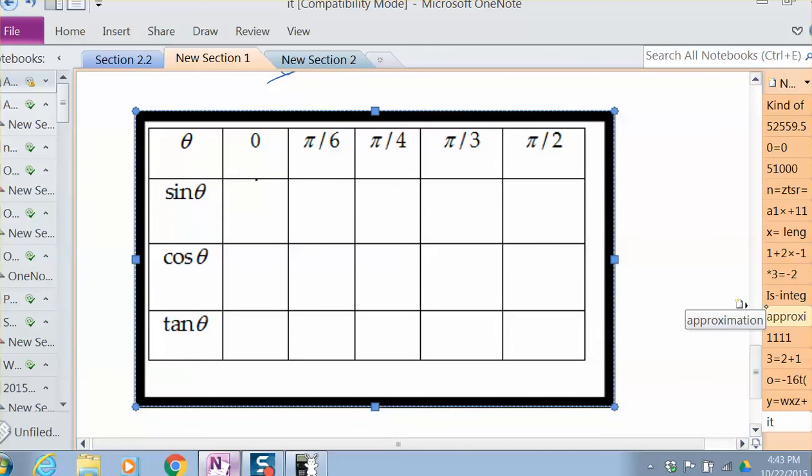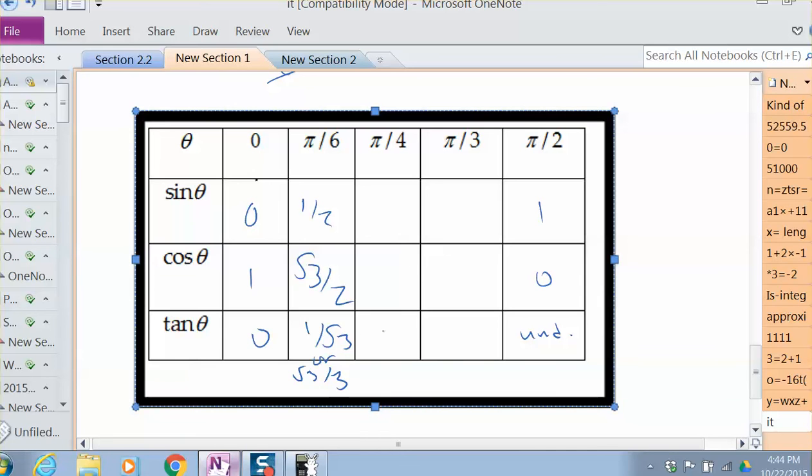Okay, lastly, you might remember unit circle stuff. So you are going to have to know some of the basic trig values of these trig functions, like 0, 1, 0. That's 1, 0, undefined. 1/2, root 3 over 2, 1 over root 3, or you can say it's root 3 over 3 if you like to rationalize the denominator. 1, 1 over root 2, 1 over root 2.